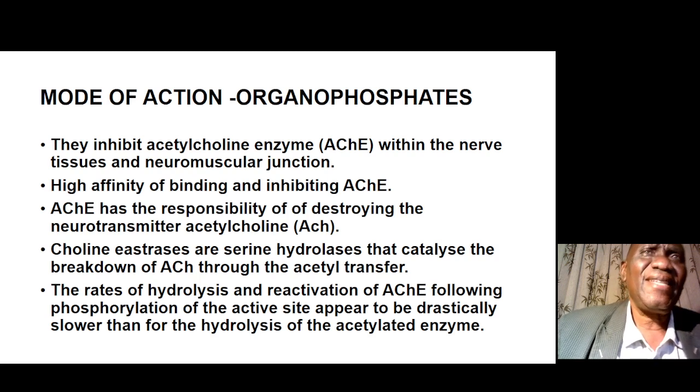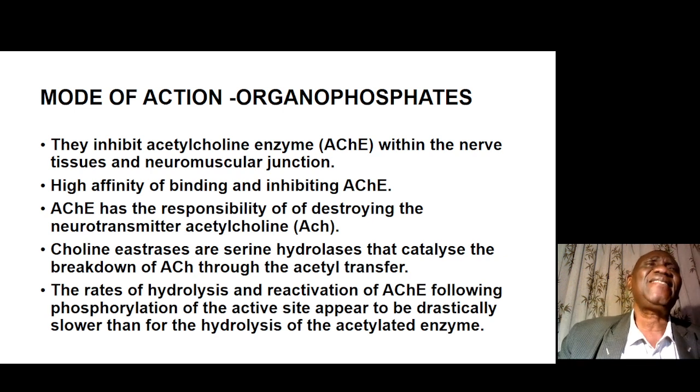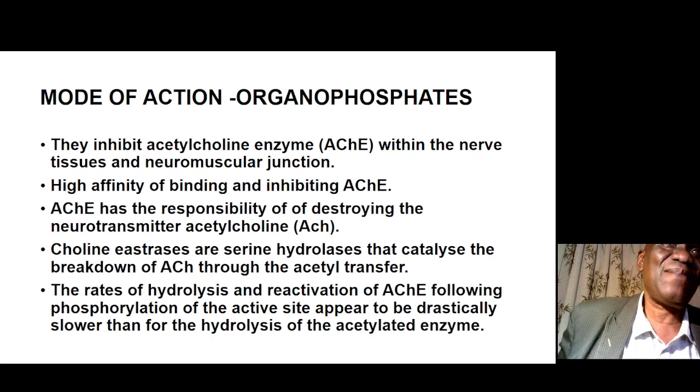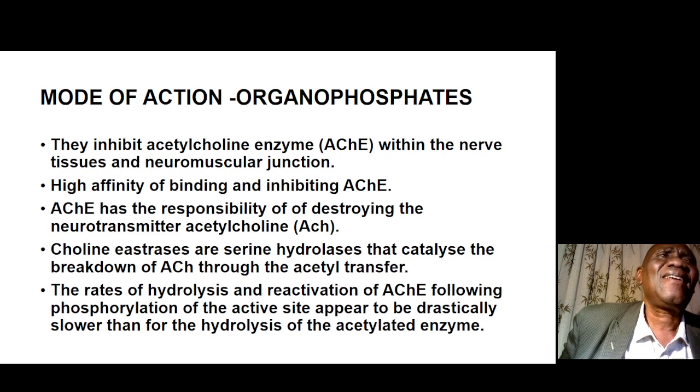Now, within the nervous system of insects or even animals, we have an enzyme known as the acetylcholine enzyme, ACHE, which resides within the nerve tissues and the neuromuscular junction, where the nerves touch the muscles.